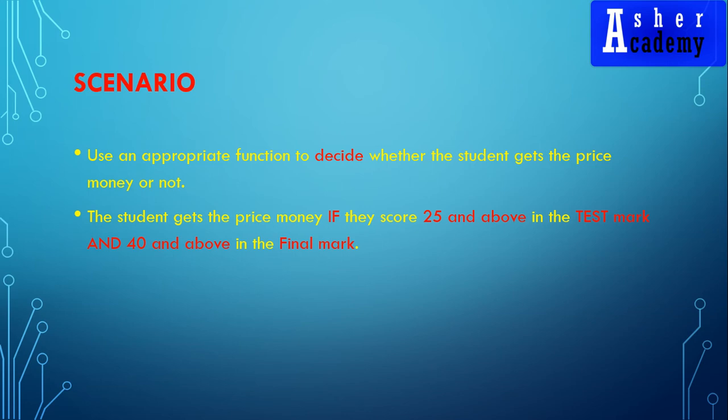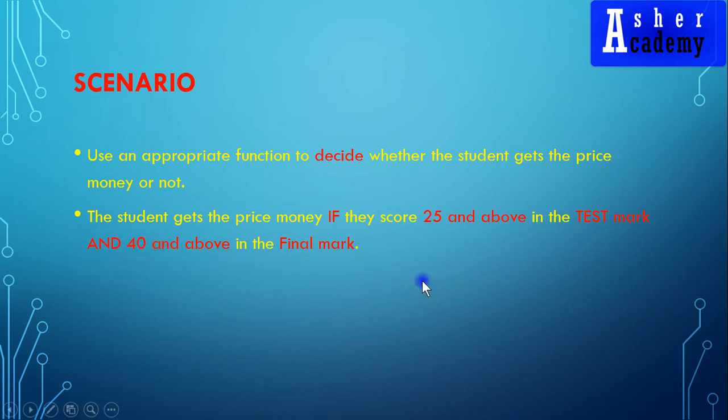So if they score 25, this if shows you that you are using the if statement, right? And this 25 shows you that the student must get at least that mark. 25 is the least mark they should get. Then 40 is the least mark they should get for the final mark.